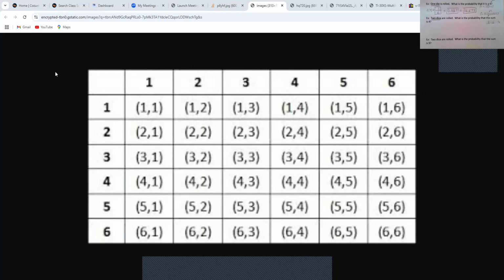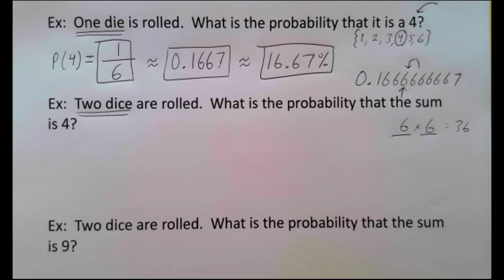I just Googled roll 2 dice, and this is one of the pictures that popped up. You could easily, though, just put 1, 2, 3, 4, 5, 6 here, and then look at all the possible different combinations here. But there are 36 things that could happen when you roll 2 dice. How many of those add up to 4? That's the question we're trying to do right now.